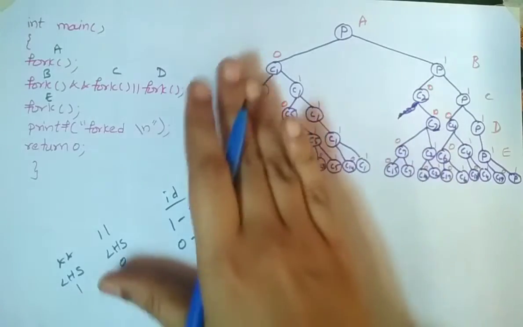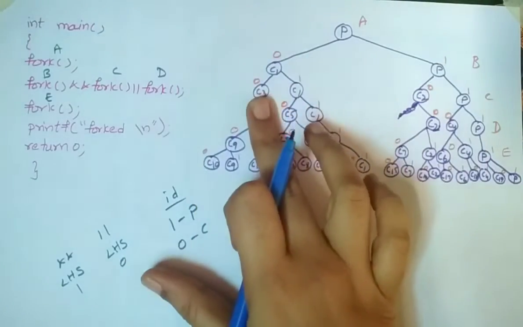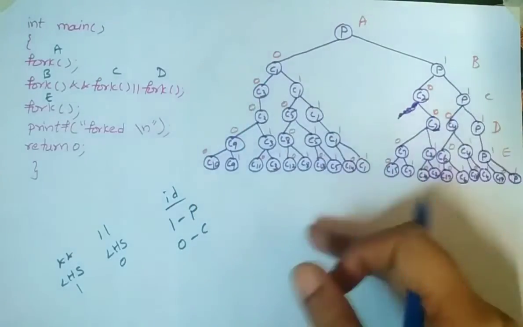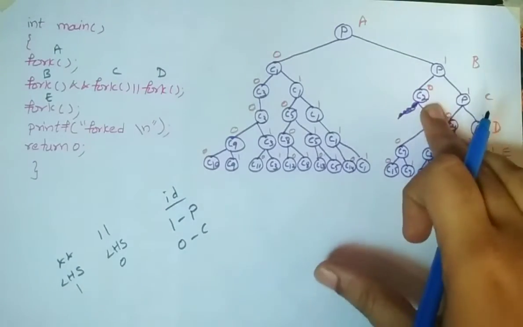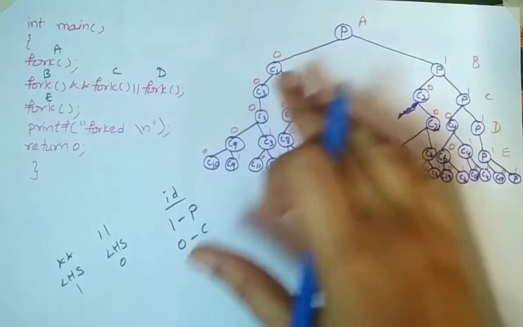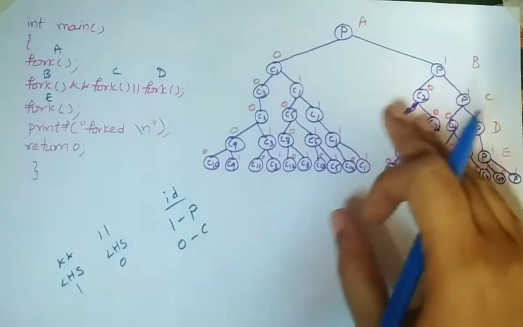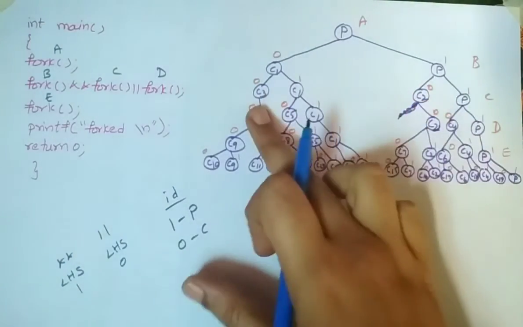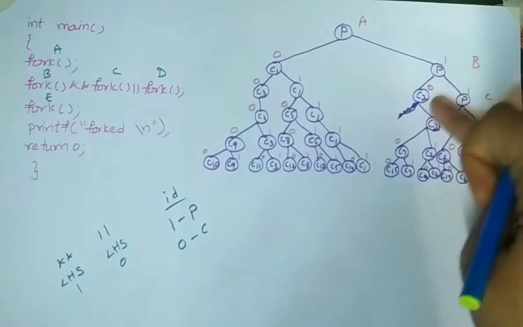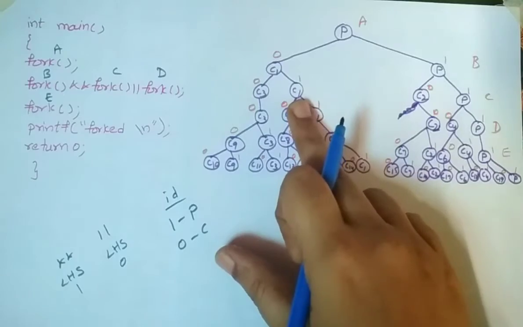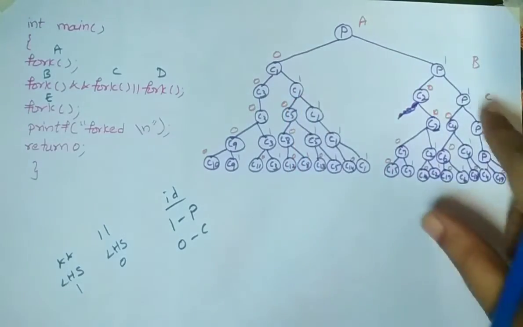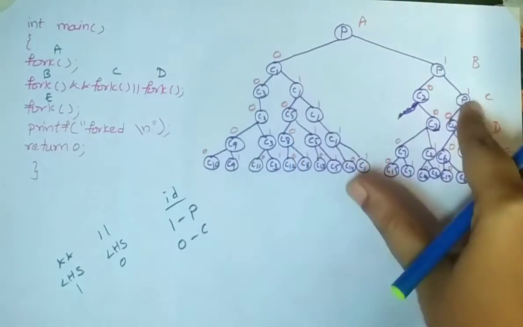So that's why we are going to keep these processes idle up to the next execution part. We are going to keep the C2 and C3 like that only. We are not going to execute C2 and C3 since the ID is 0, and we are going to execute the P and C1 since it is having the ID as 1.